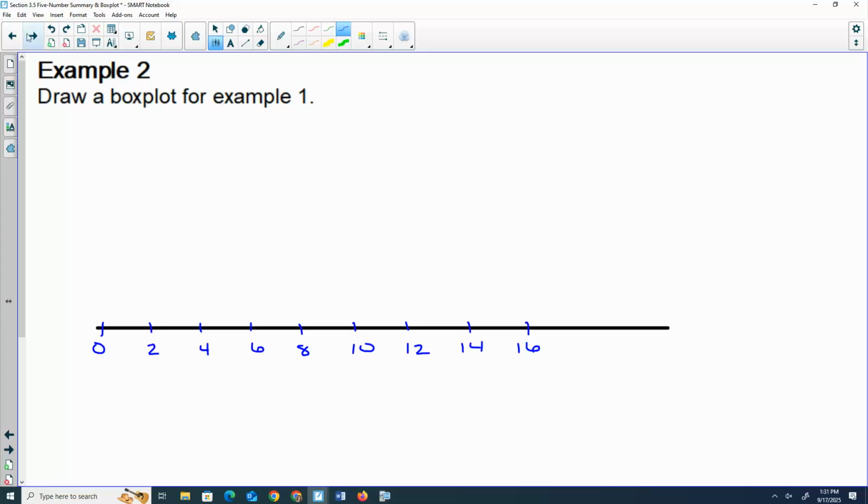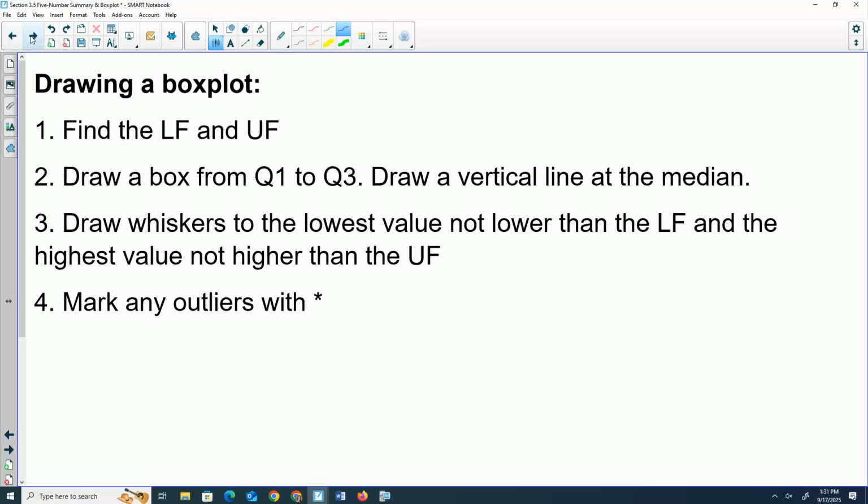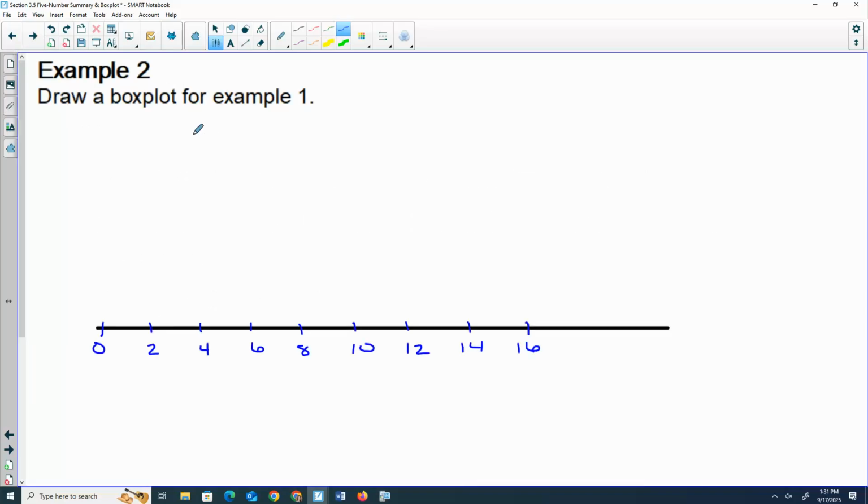So it said we draw the box from quartile 1 to quartile 3. What was quartile 1? 12. So that's where my box begins. And what was quartile 3? 14. So 14.4 is where it would end. That's my box.